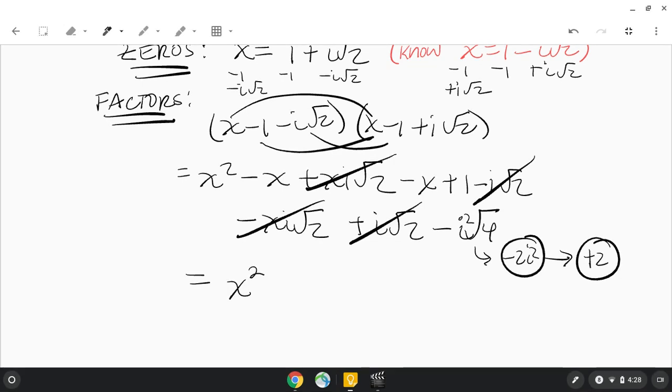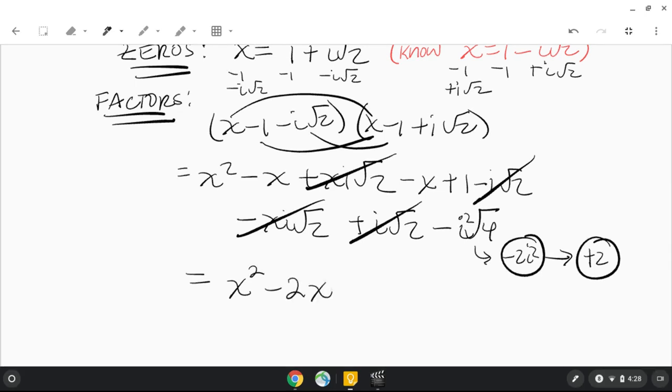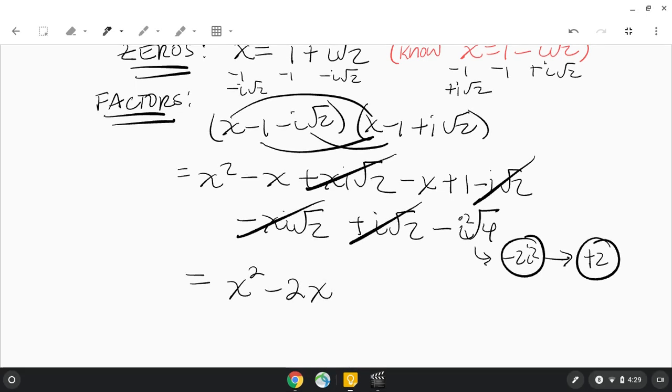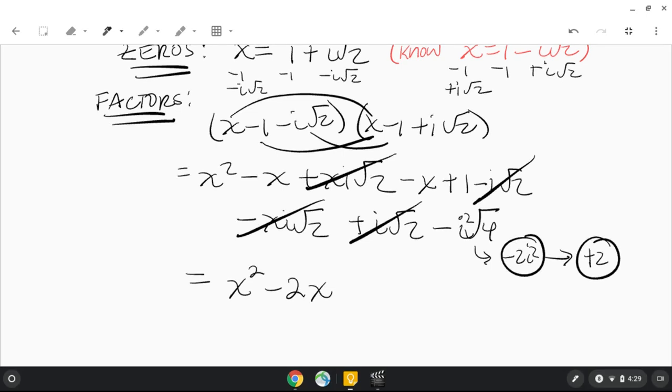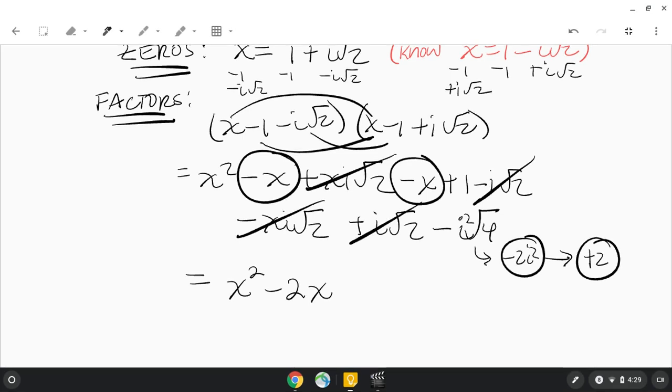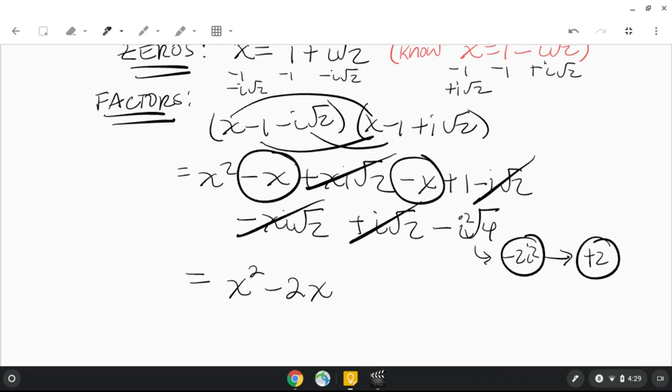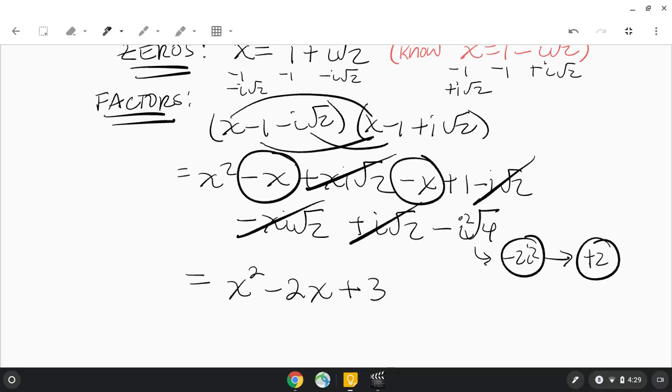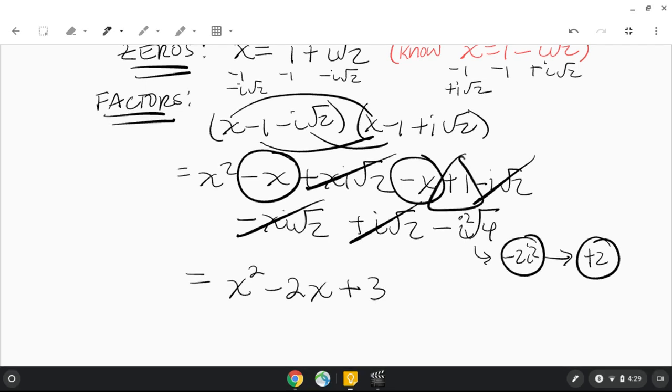So we have an x squared there, and then a negative 2x, because I'm combining that one and this one. And then I get plus 3, because it's this one right over here and this one over here.